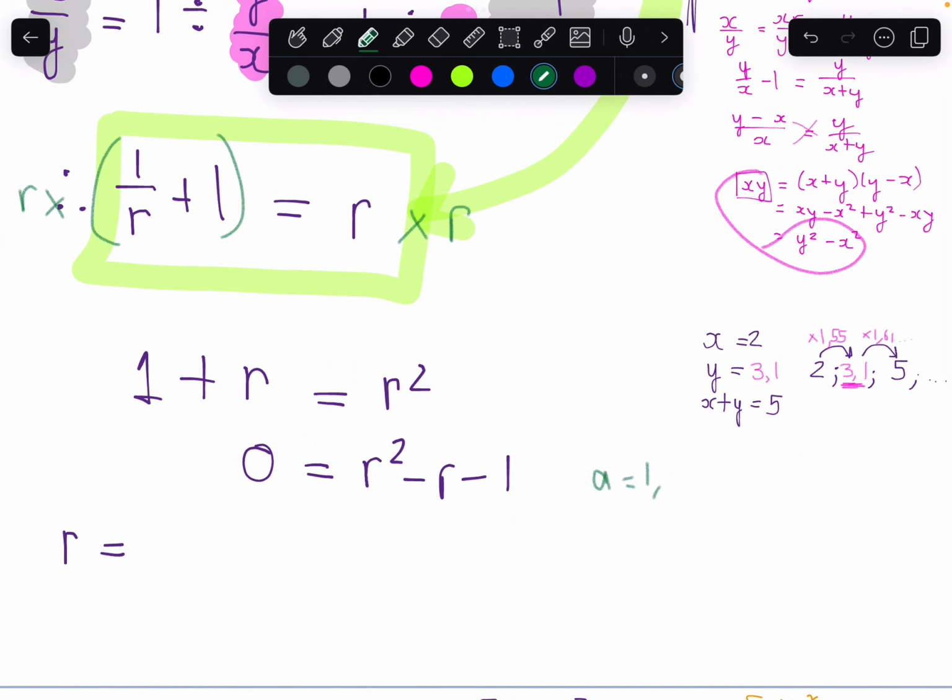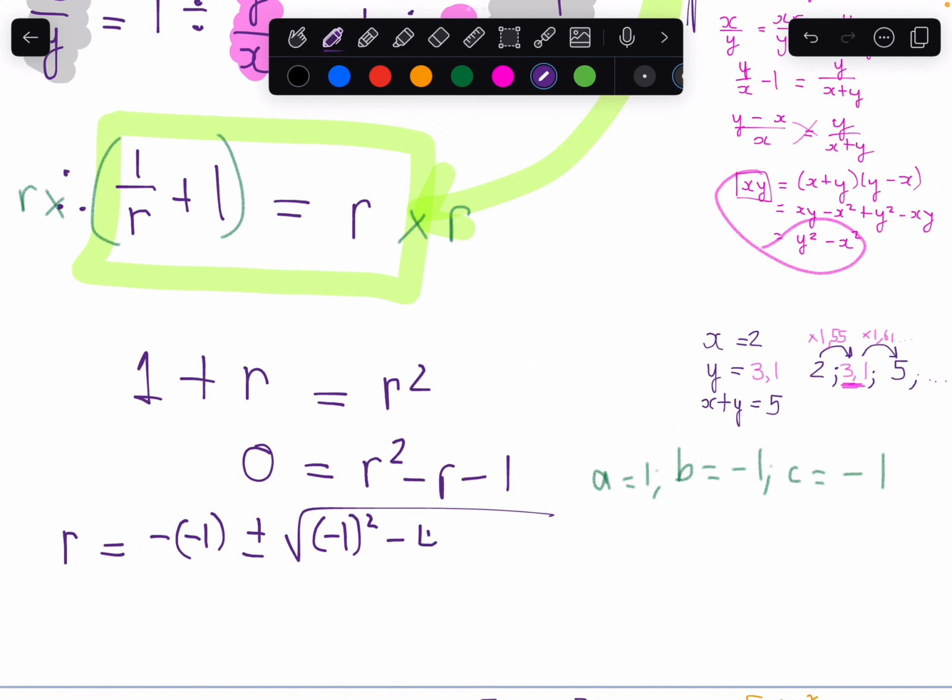A is 1, B is -1, and C is -1 as well. So that is minus -1 plus or minus the square root of -1 squared minus 4 times 1 times -1, over 2 times A.